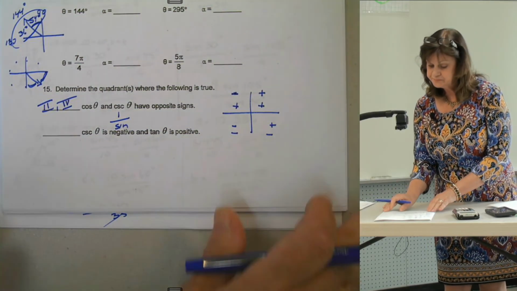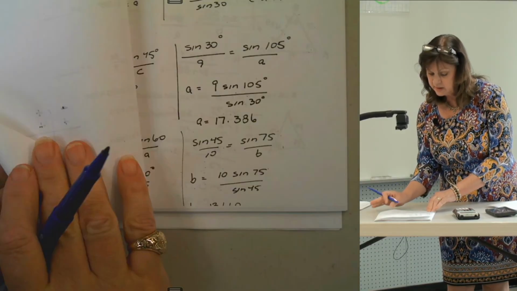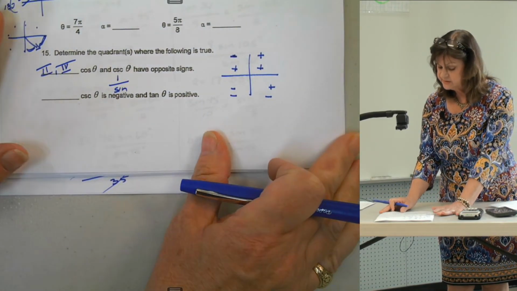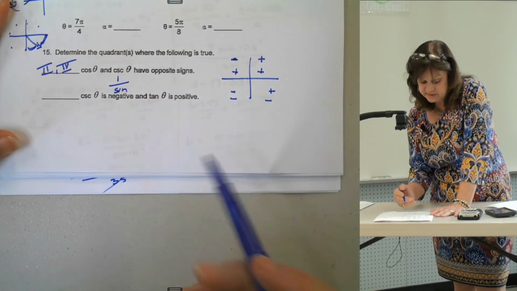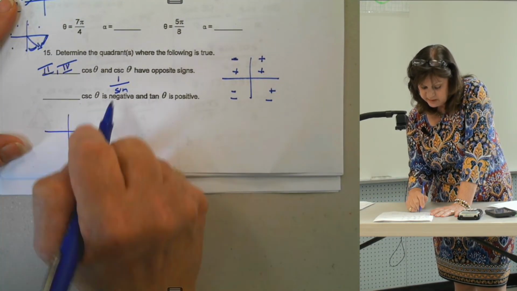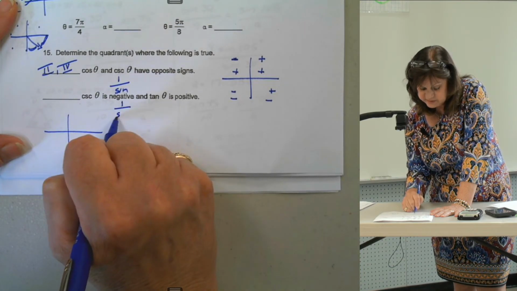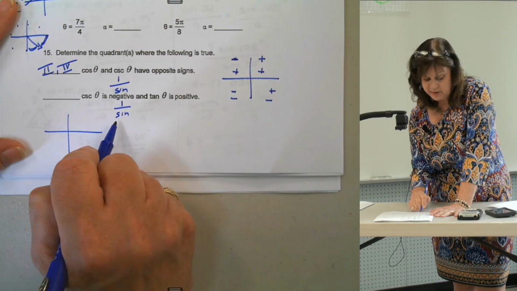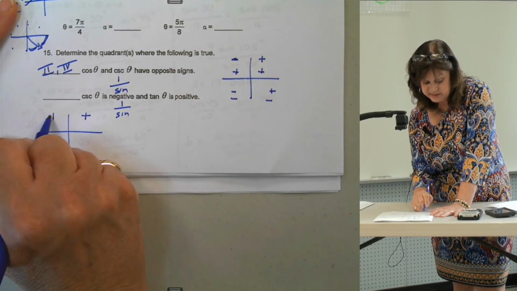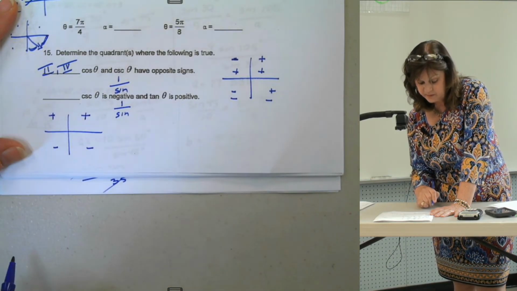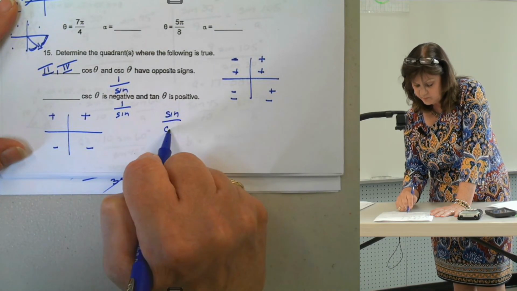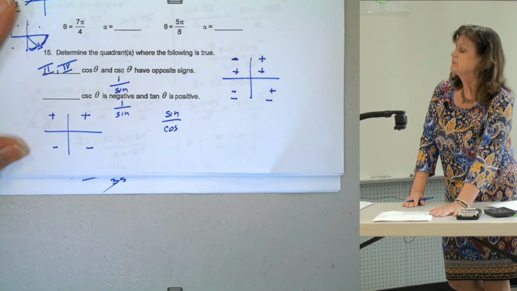All right. Hang on, I think that's it. Yeah. Okay. And then cosecant is negative and tangent is positive. Well, again, cosecant being 1 over sine, so that depends on my y value. And my y value is positive, positive, negative, negative. Now, tangent being positive, I've got sine over cosine.